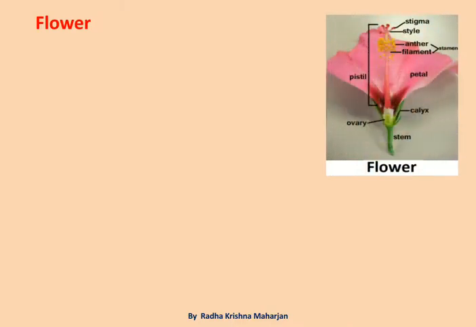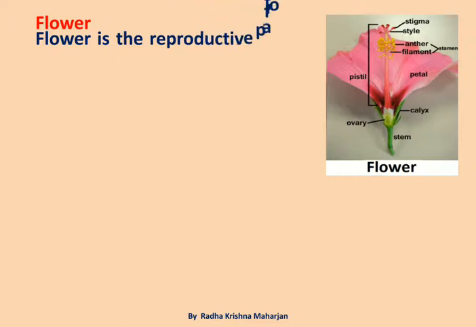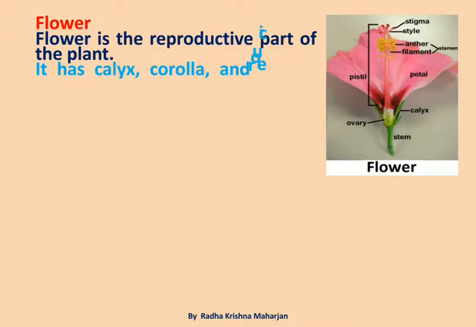Flower. Flower is the reproductive part of the plant. It has calyx, corolla, androecium and gynoecium.